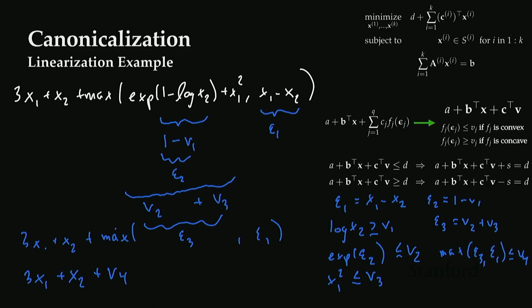Cool. And if this was happening inside an inequality constraint, for example, less than or equal to 5, then what we would do with that is we'd introduce plus s equals 5, where s is greater than or equal to 0. So following this second piece. So that's linearization.